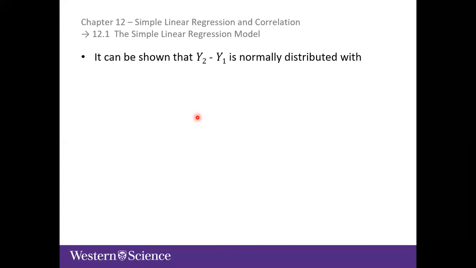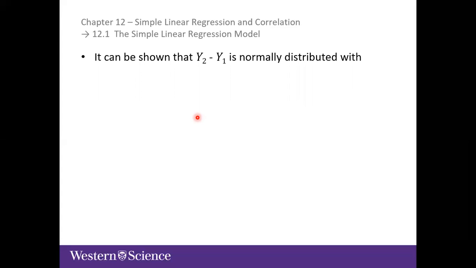We can also calculate other types of probabilistic quantities, and one quantity that might be of interest is y2 minus y1, the difference of the two predicted values.